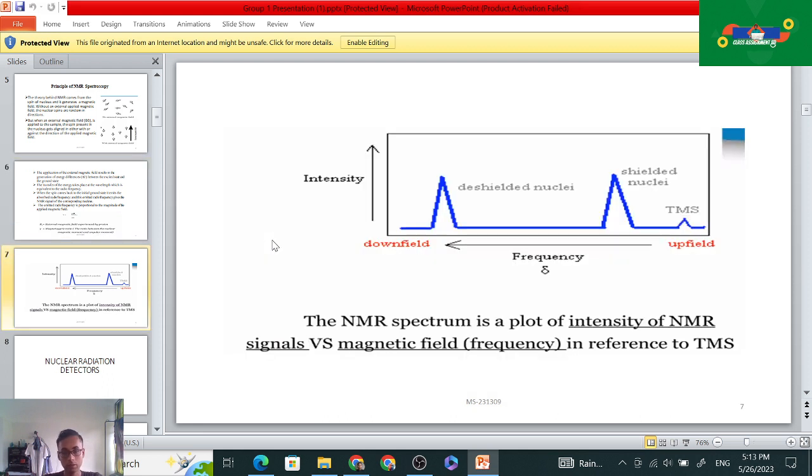Then intensity is high here, and the frequency is upfield and downfield. Then deshielded nuclei and shielded nuclei, and TMS. The NMR spectrum is a plot of intensity of NMR signals versus magnetic field frequency in reference to TMS.